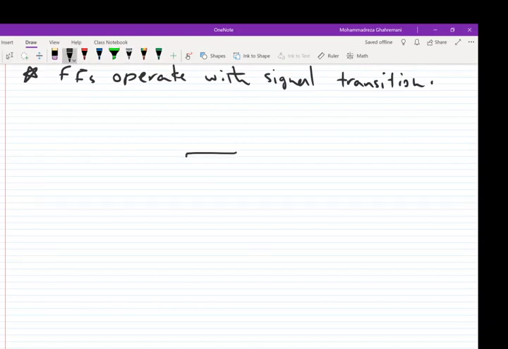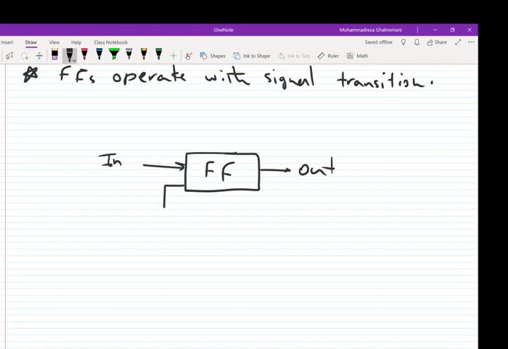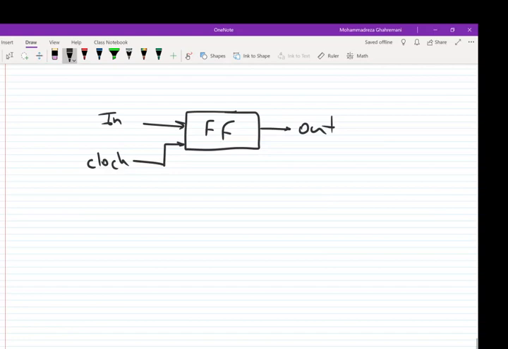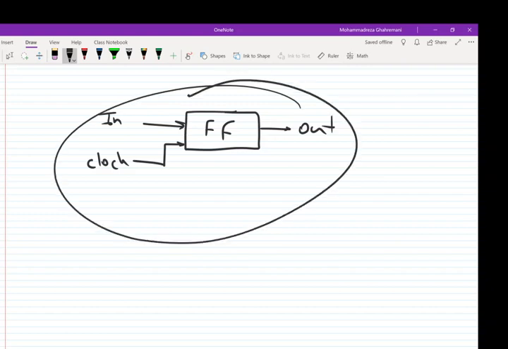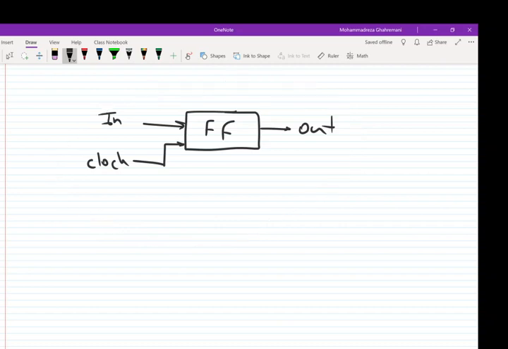If we assume we have a flip-flop here, the flip-flop has an input called in, an output called out, and another input called clock. Depending on the type of the flip-flop, the transition can be from low level to high level, or high level to low level. We cannot have both of them at the same time.